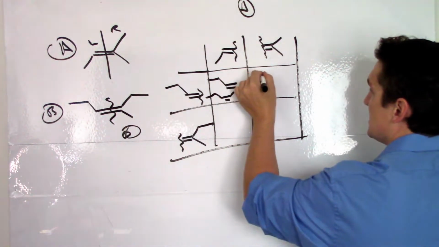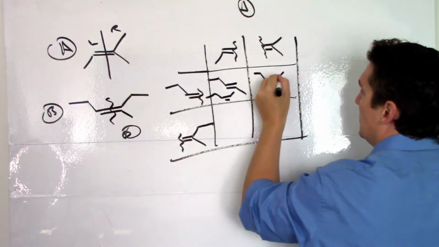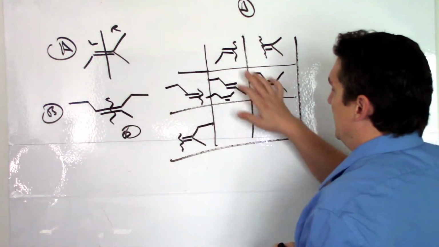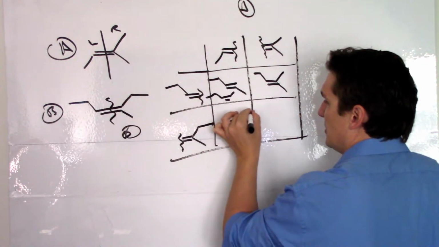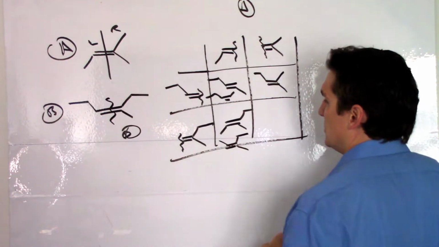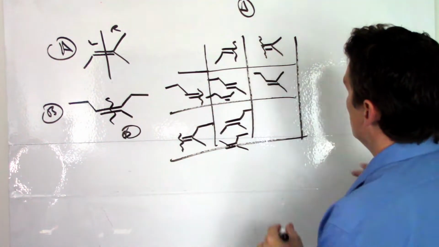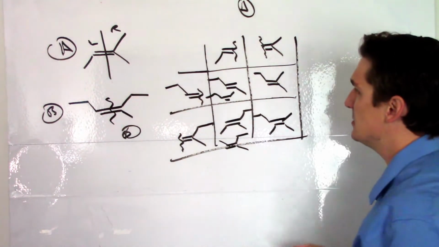In this case, for the dimethyl groups on the same side and the ethyl group, we only end up with one form. In this case, we can have the two methyl groups cis, or we can have the two methyl groups trans. And again, with this one, it doesn't matter because the left side and right side are symmetric.